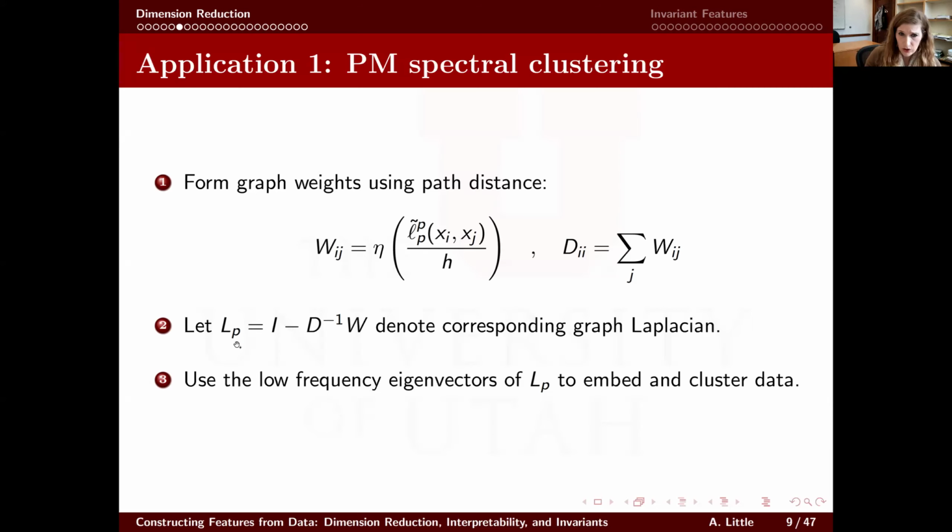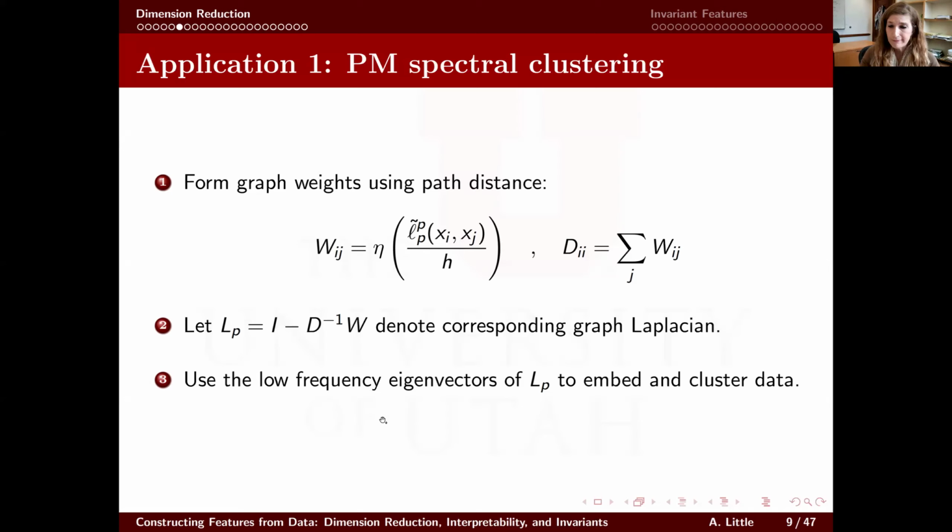From those weights, you can construct a graph Laplacian matrix and then use its low frequency eigenvectors to embed the data into a low dimensional space and cluster the data in that low dimensional space.